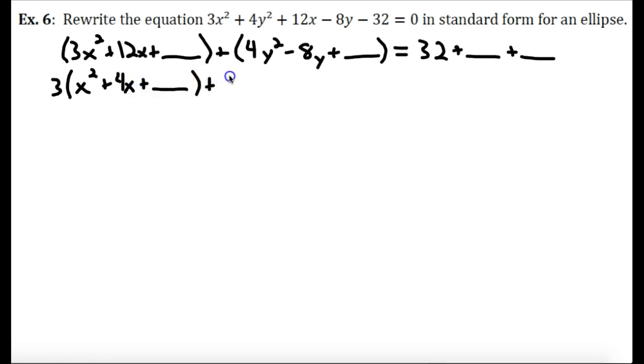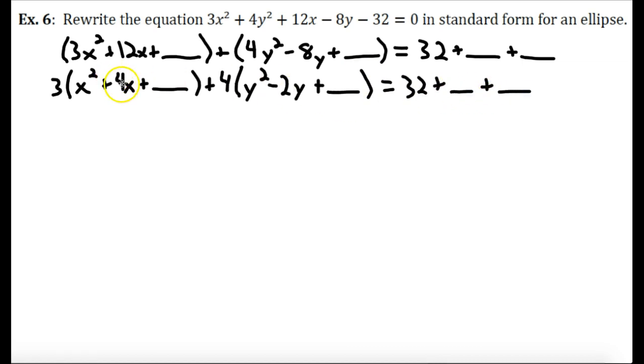Then I can factor a 4 out here, and I would be left with y squared minus 2y on the inside. So now we need to complete the square. Half of 4 is 2, and 2 squared is 4. So I'm going to add 4 right here.